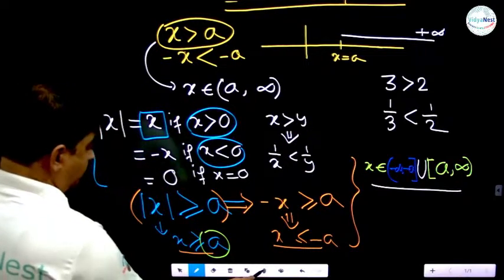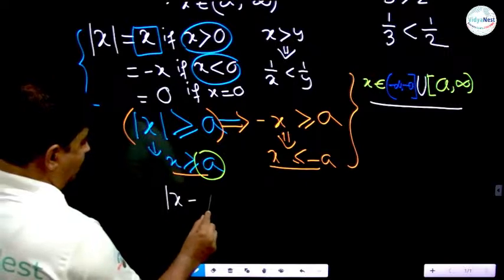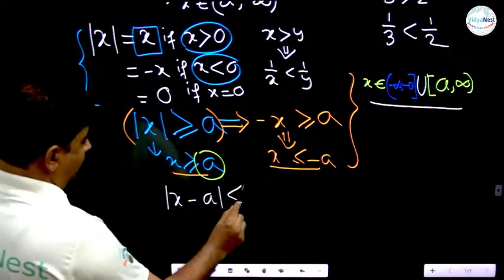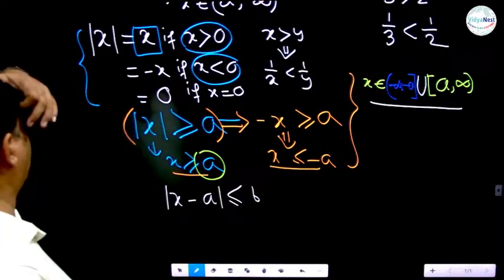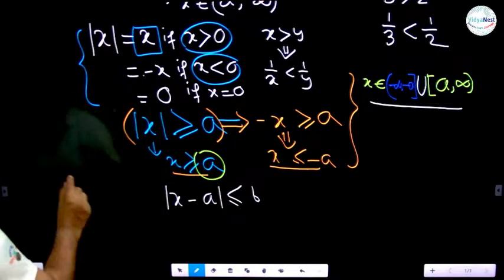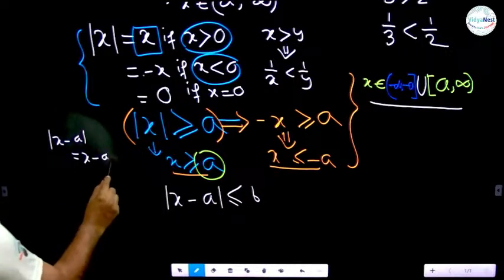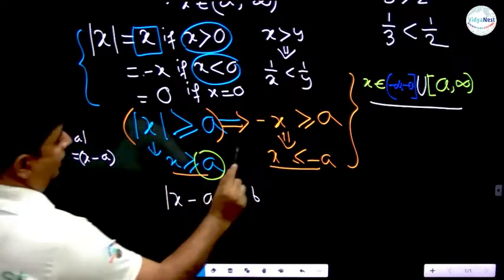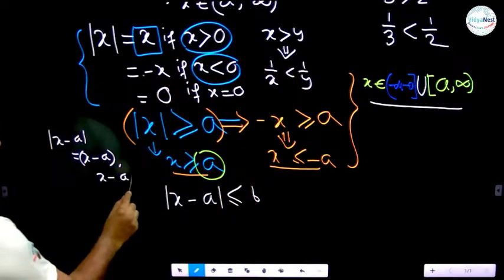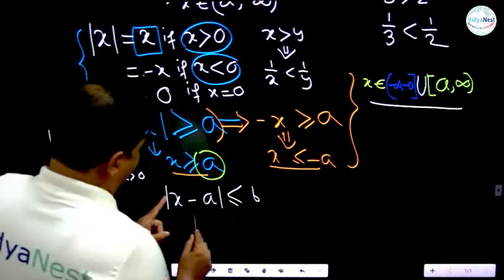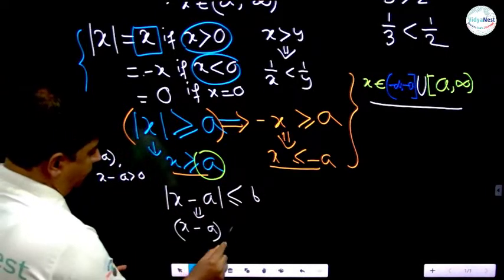Now suppose you have got mod x minus a less than b. Again that definition of mod will be required. We know mod x minus a will be x minus a if x minus a is greater than or equal to 0. So first I will take its positive value.